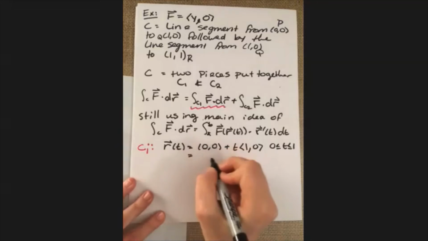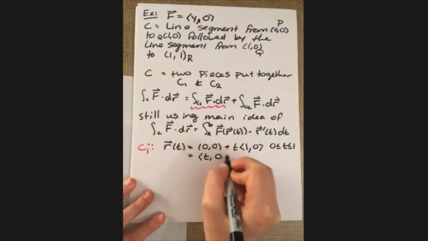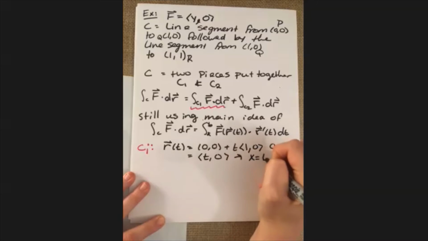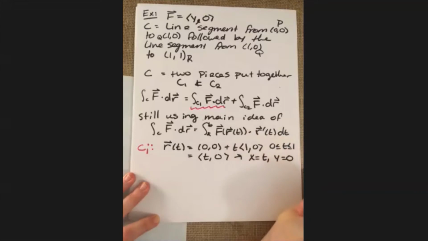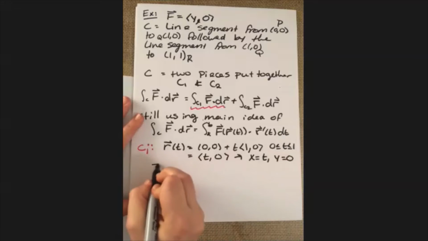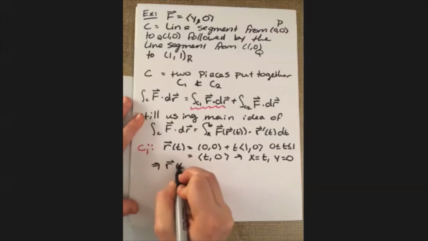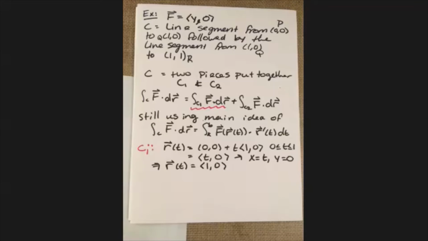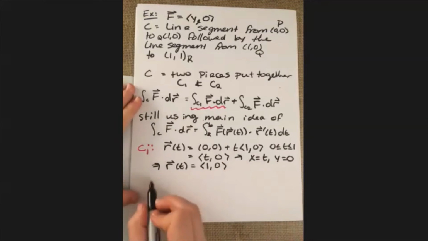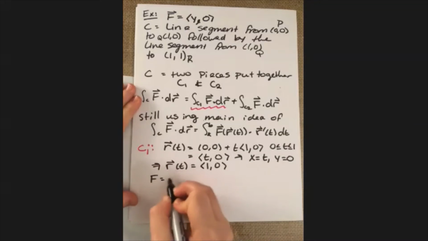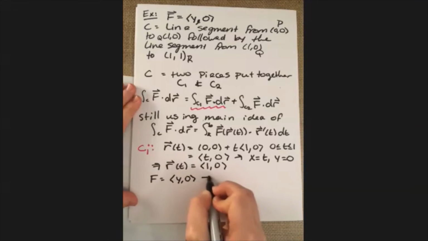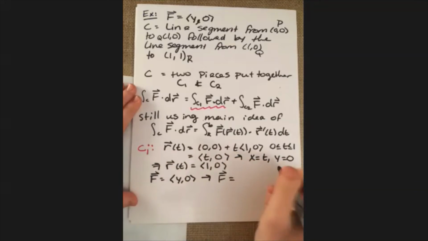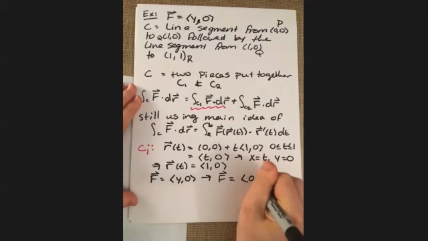So I'm going to rewrite this as t, 0, which means that x has to be equal to t and y has to be equal to 0. It also means that when I take my derivative, I'm going to get 1, 0. All right. F equal to y, 0 is now going to become f equal to 0, 0.